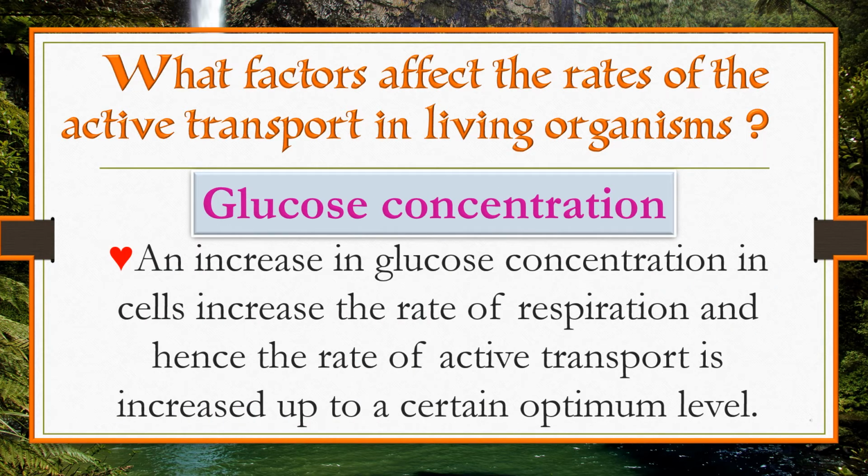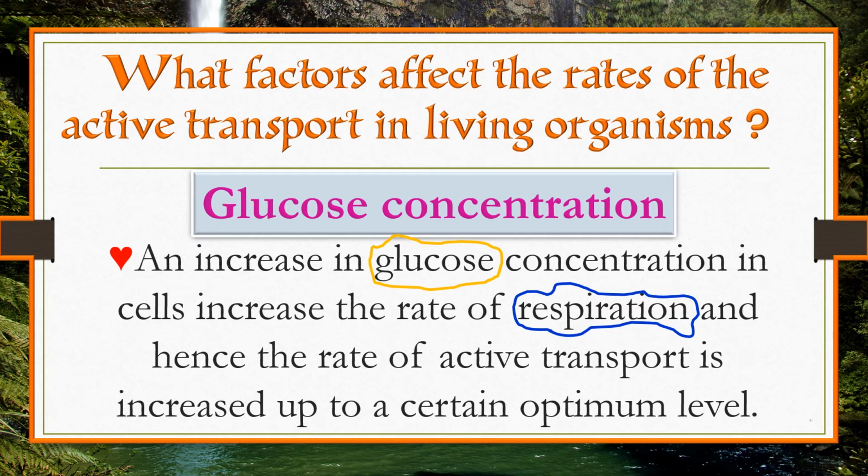So, an increase in glucose concentration in cells increases the rate of respiration, and hence the rate of active transport is increased up to a certain level. When we increase the glucose concentration in the cell, at the same time we are increasing the rate of respiration.